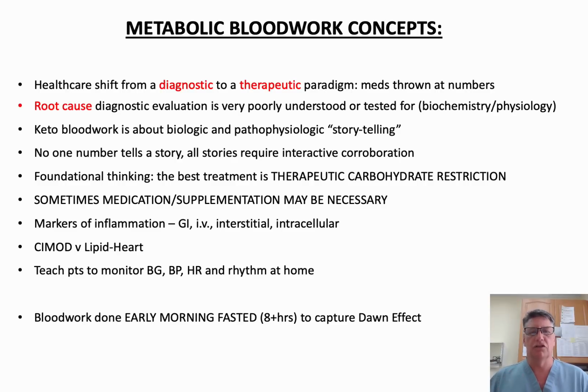In the interstitial space, where we get fibromyalgia, we get stiff joints, we get gout, and then intracellularly, where we can get brain injury, dementia, we can get autism spectrum disorders, we get cancers, we get a variety of autoimmune and inflammatory conditions.